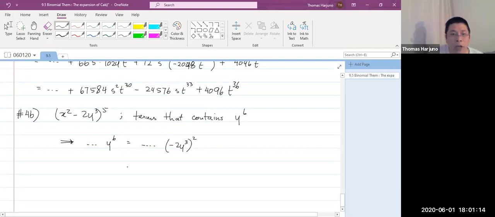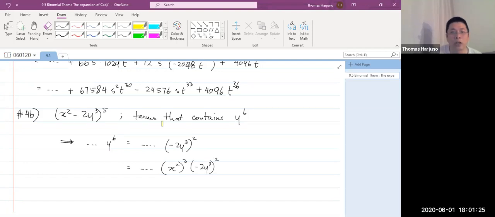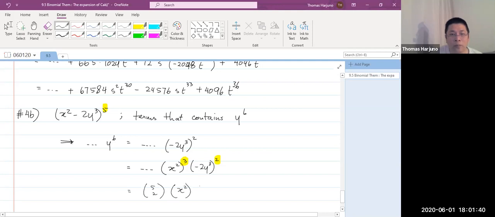But for that to happen, I must have x squared to the power of 3 times negative 2y cubed squared. Why? Because the exponents have to total 5. And therefore the coefficient will be 5 combination 2, x squared cubed, negative 2y cubed squared.